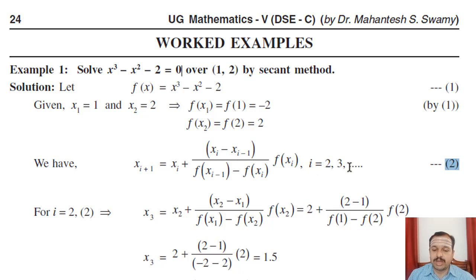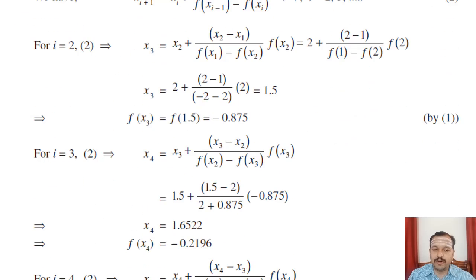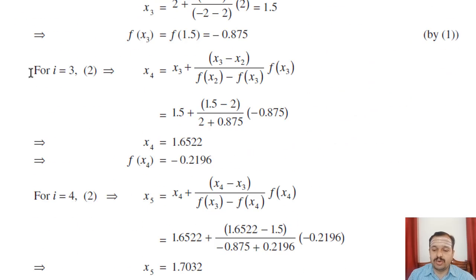So what happens to that? For i equal to 3, equation number 2 implies x4 equal to x3 plus x3 minus x2 divided by f of x2 minus f of x3, into f of x3.